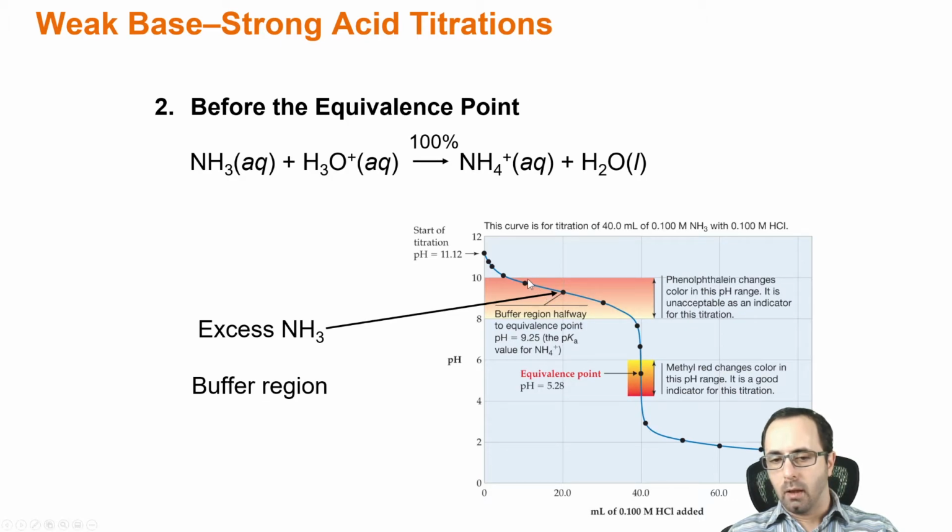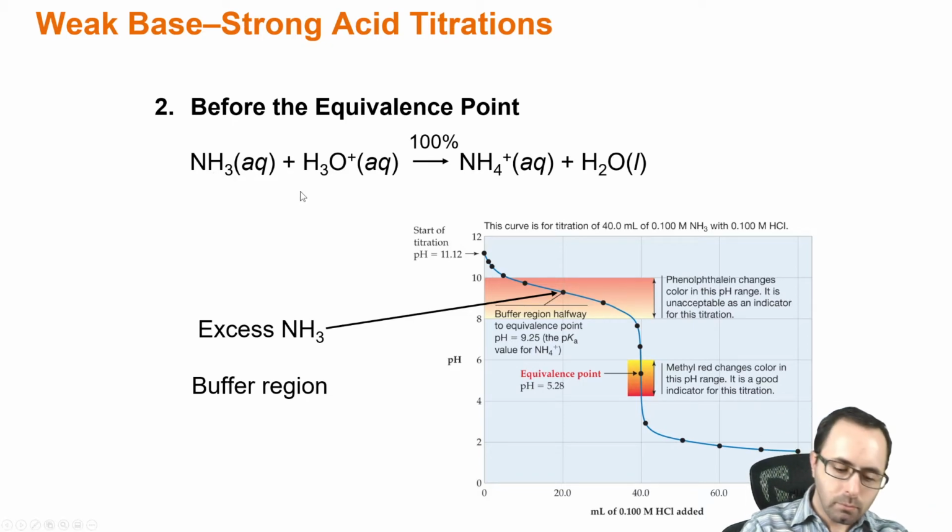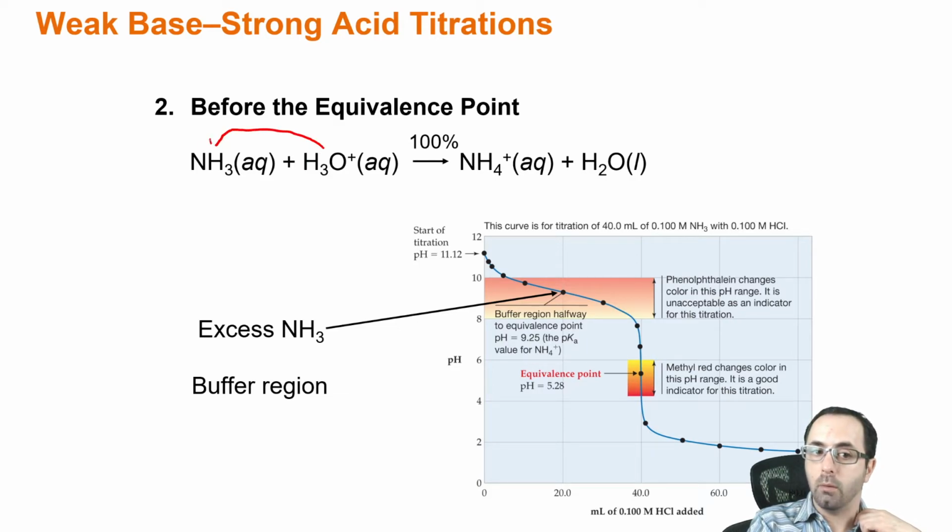Again, we always assume that when we're adding the strong acid or the strong base, it reacts 100%. So here we're assuming that the strong acid reacts 100% until it's all gone. This is the stoichiometry part, because we're assuming 100% reaction.